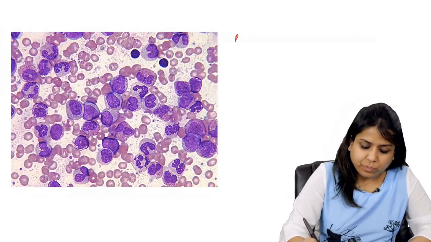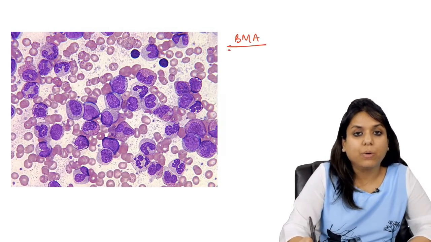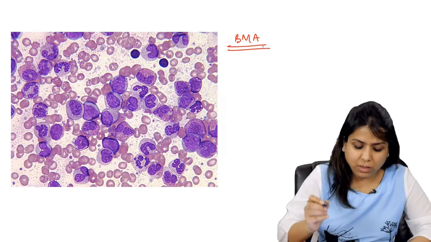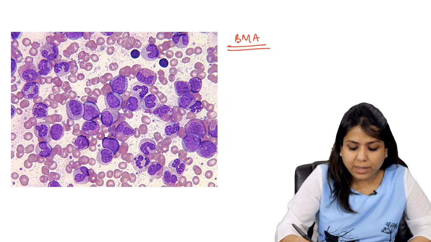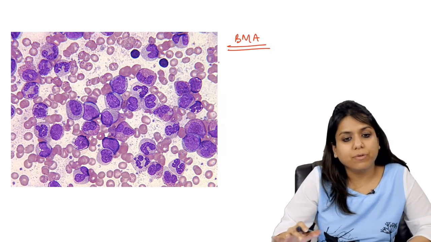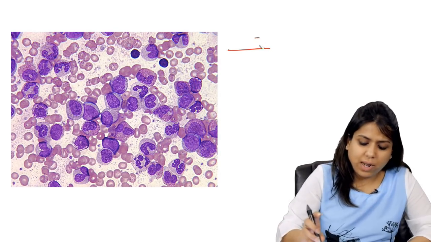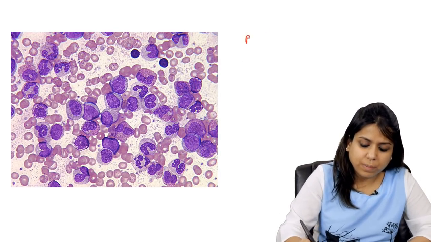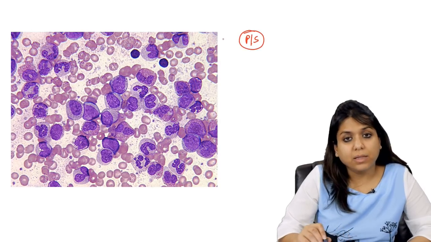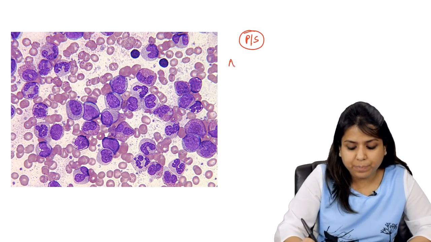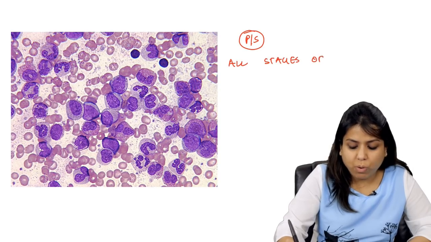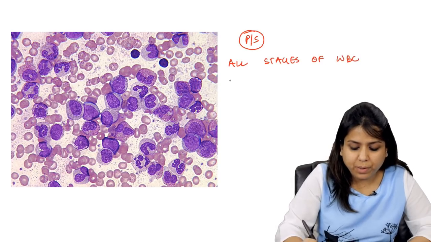Now, this is again a bone marrow aspirate, students. In this bone marrow aspirate, I can see a large number of different types of cells, right? Sorry, this is not an aspirate, in fact, this is a peripheral smear. In this peripheral smear, I can see all stages of white blood cell maturation.